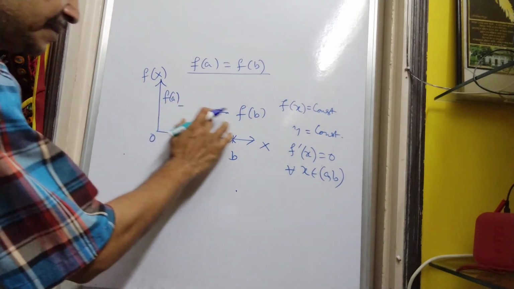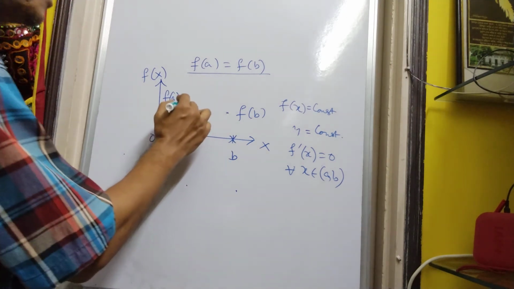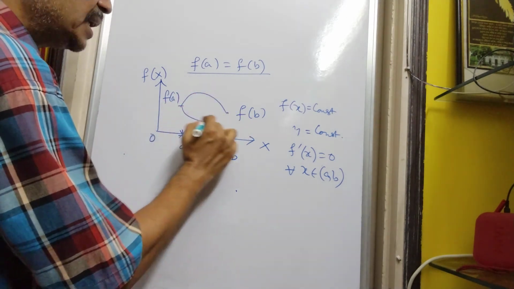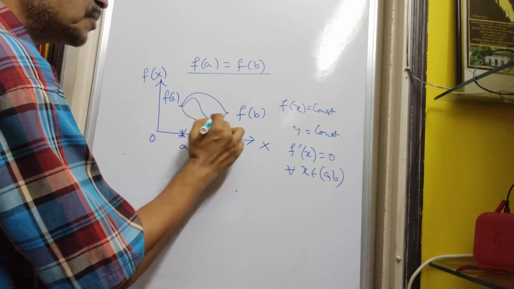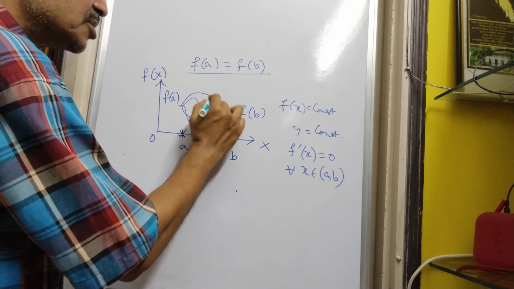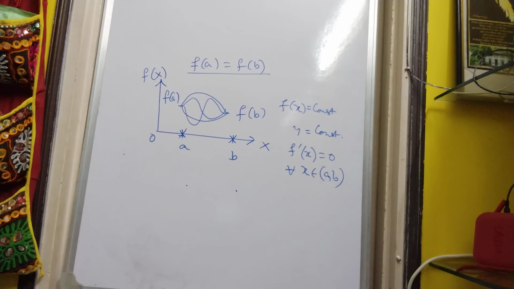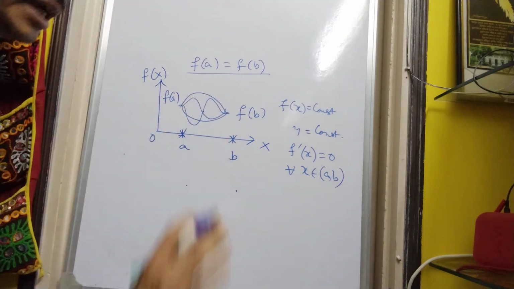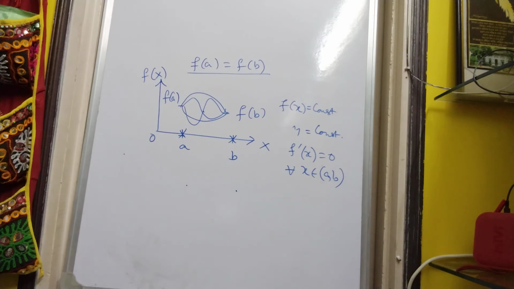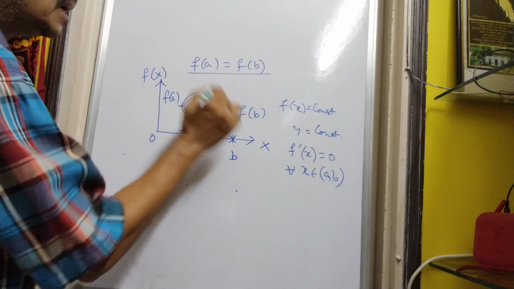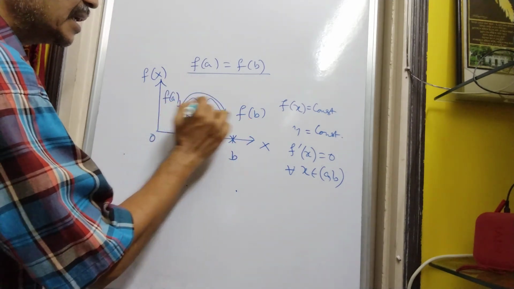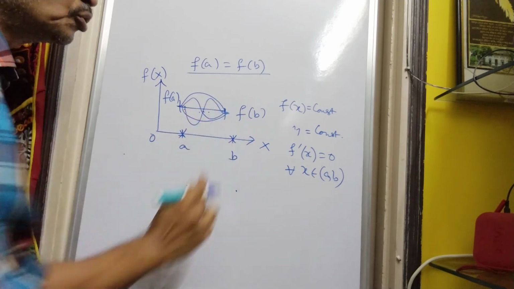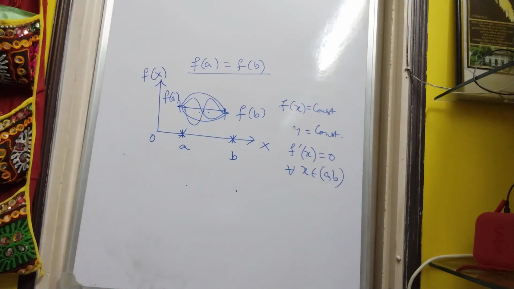And if it is not so, it must be either increasing or decreasing. It may as well be like this, it may as well be like this. A part decreasing then increasing, whatever it be. We can make this interval smooth by dividing it into parts.